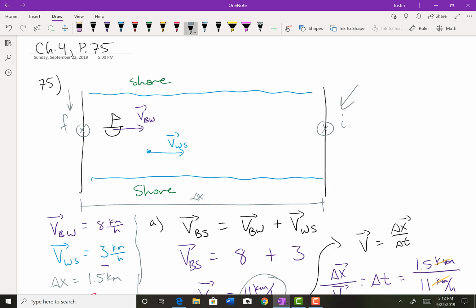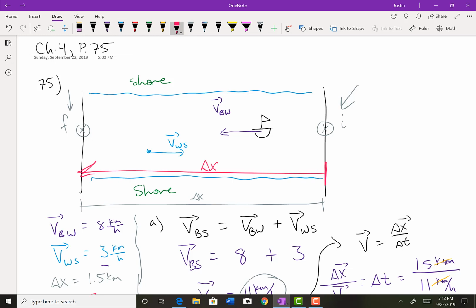So in other words, my displacement is going to be negative, and the boat's velocity is going to be negative. So now the boat is starting here, so the velocity is going to switch this way, and then my displacement is going from here to here.